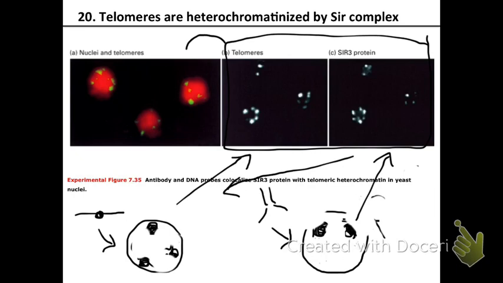And when you, for example, look at these signals and make this blue and this one yellow, etc., you can see that these little dots appear green, suggesting that the SIRT3 protein is co-localizing. Co-localizing means in the same place as the telomeric DNA. Okay? Make sense?